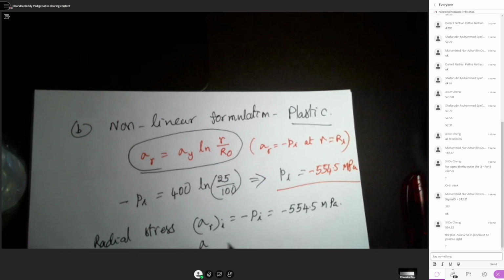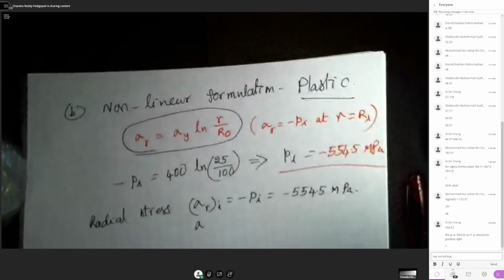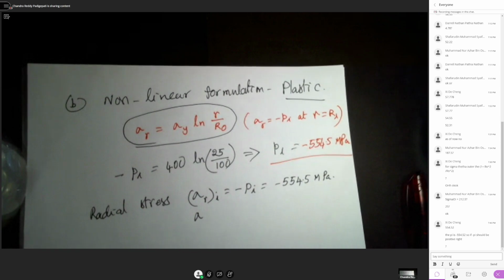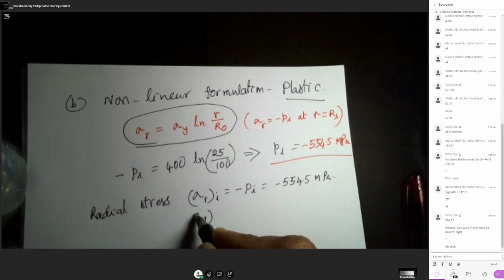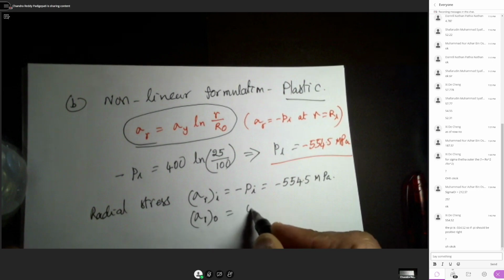At the outer radius, radial stress cannot be positive because radial stress is equivalent to pressure there, so sigma r at the outer radius will be 0.